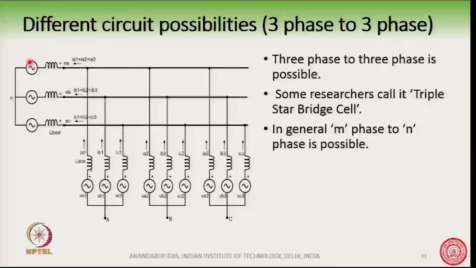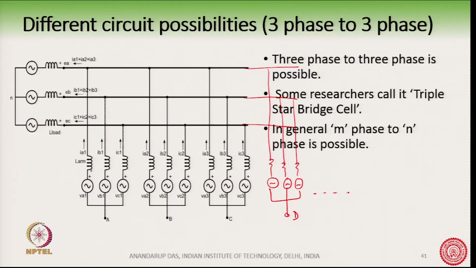But going one step ahead, we can also see that if we connect one more of this star cell, I can connect many more star cells like this. So, I can also extend, one more here, like this. So, A, B, C, D and so on.